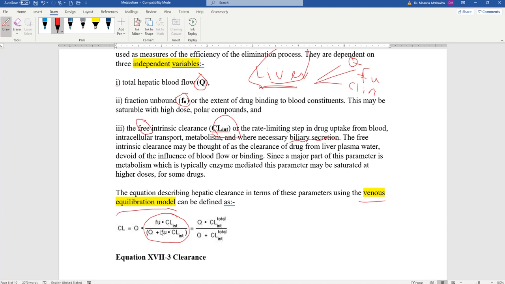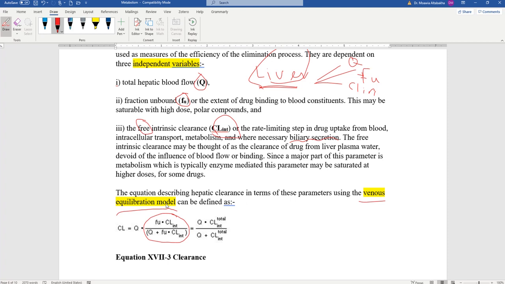This is divided by blood flow, also in ml per minute, plus the fraction unbound times the intrinsic clearance as the denominator. So this makes the extraction ratio. This is what we call the venous equilibration model.